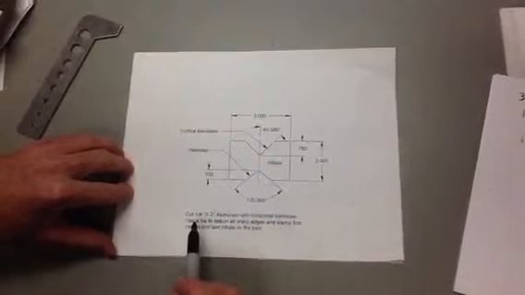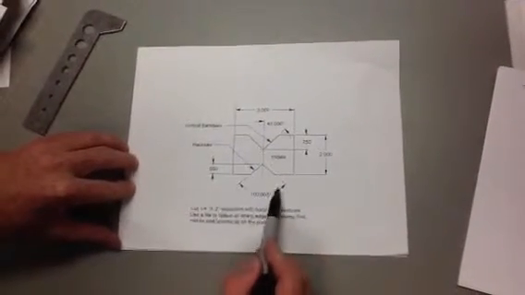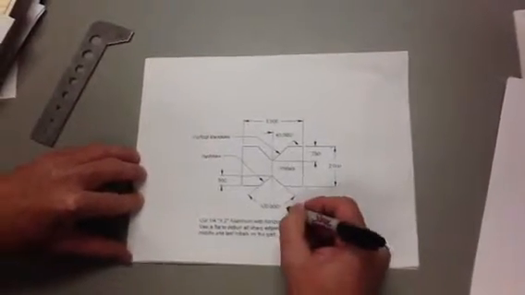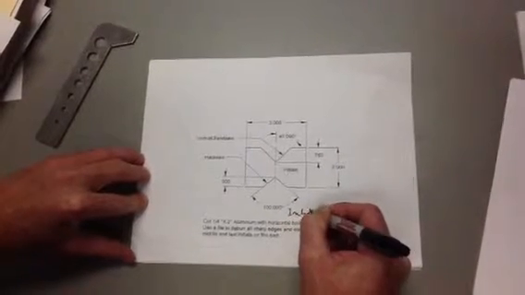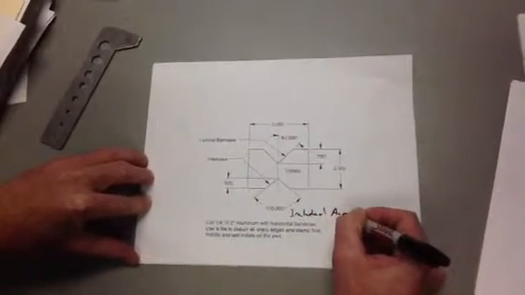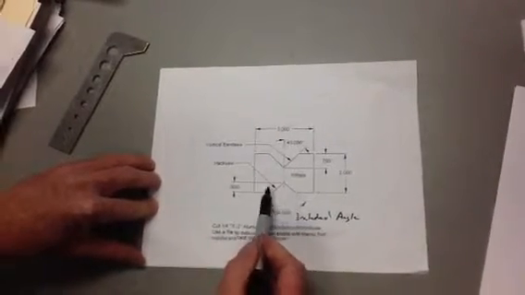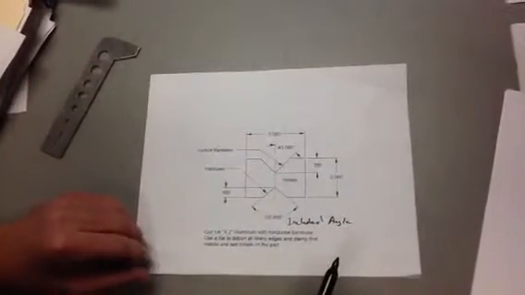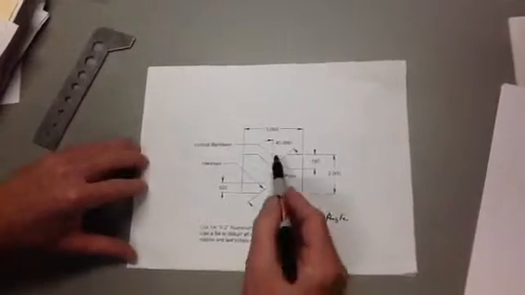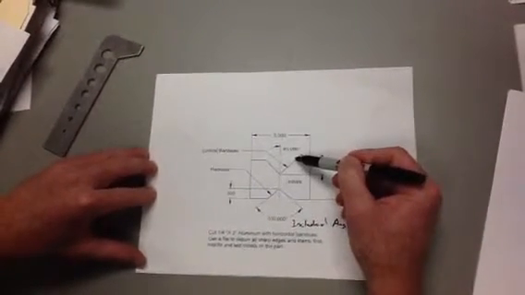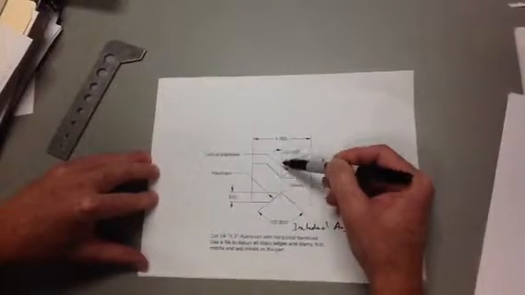There's 2 different types of angles on here. This one down here at the bottom is what we call an included angle. That's the overall angle. How much does it measure overall? It measures 100 degrees. Now up here we have an angle going to the vertical center line.